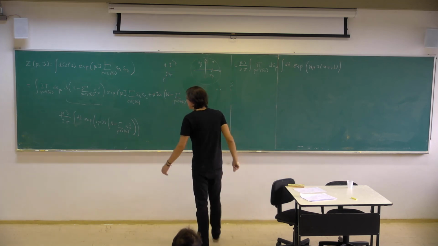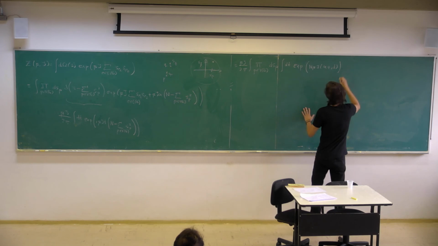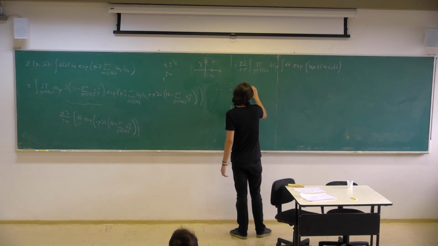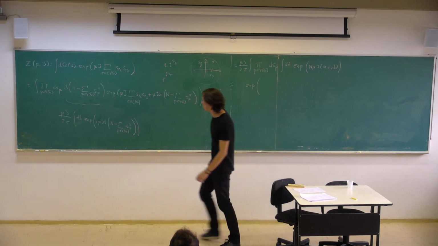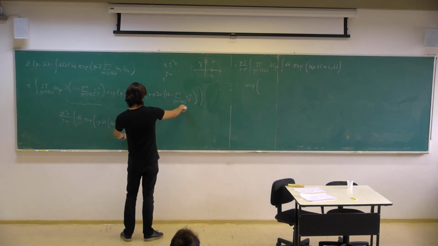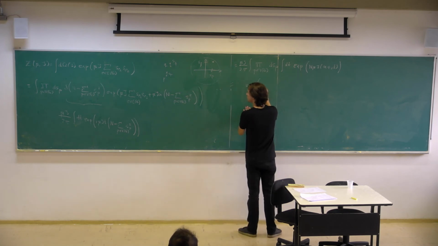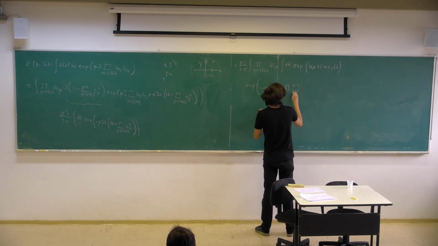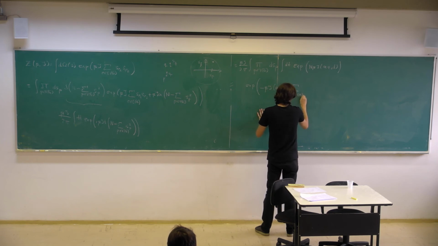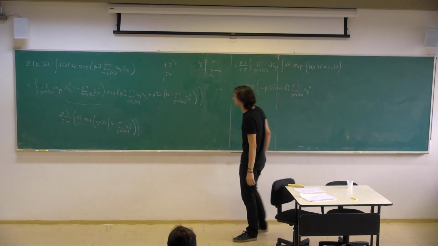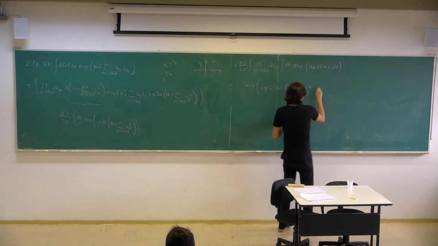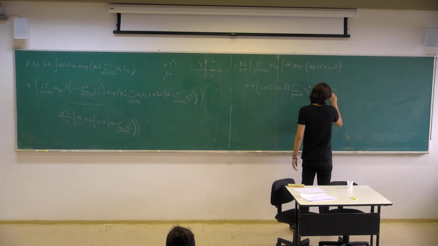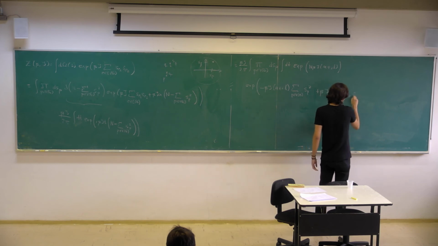On the other hand, I get another exponential of the form: I take this term with this term, and that gives me minus beta J (a plus it) times the sum over all p belonging to VG of s_p squared, plus beta J times the sum over all edges of s_e1 times s_e2.